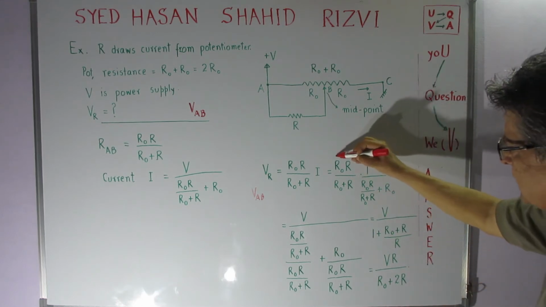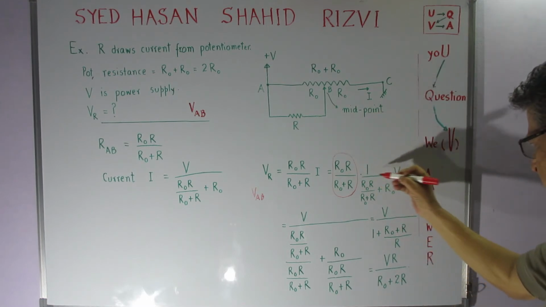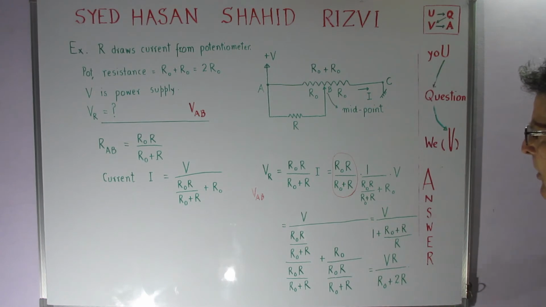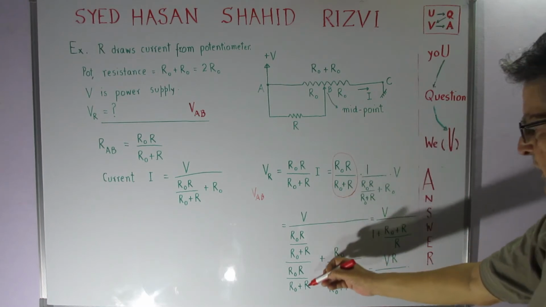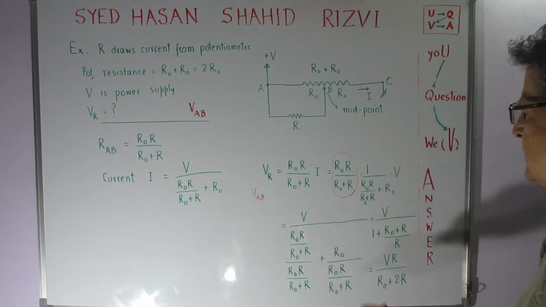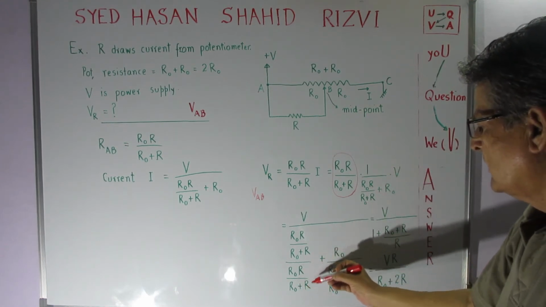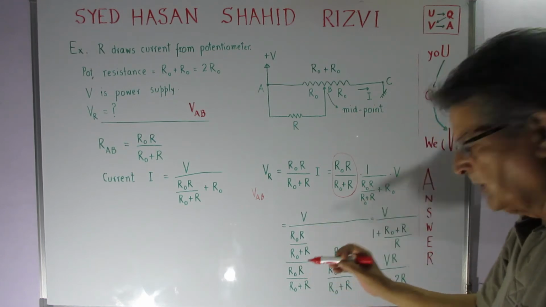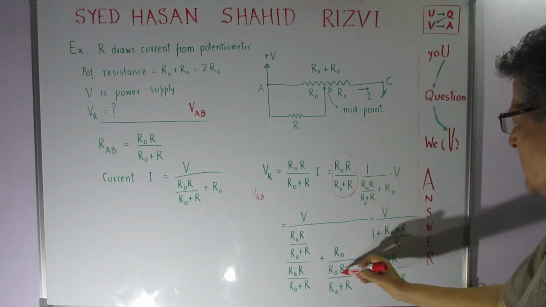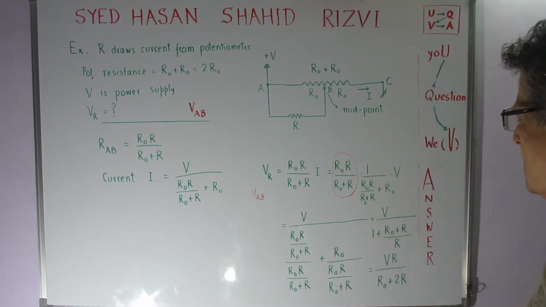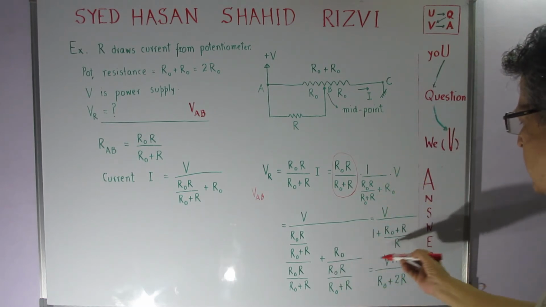So there is this in the numerator and this is in the denominator. Now I divide the numerator and denominator by this quantity, like a child I have done. So this is R0 R upon R0 plus R divided by R0 R upon R0 plus R. So this will turn out to be equal to 1 plus R0 divided by this quantity R0 R upon R0 plus R. So R0 this and R0 this will cancel out, this will go in the numerator and this will remain in the denominator.